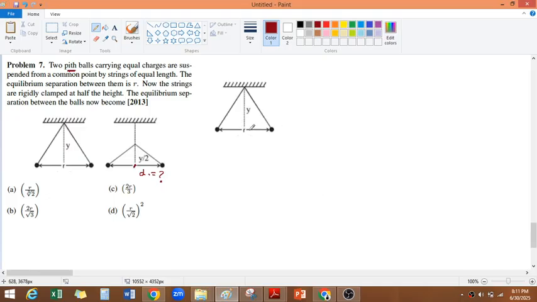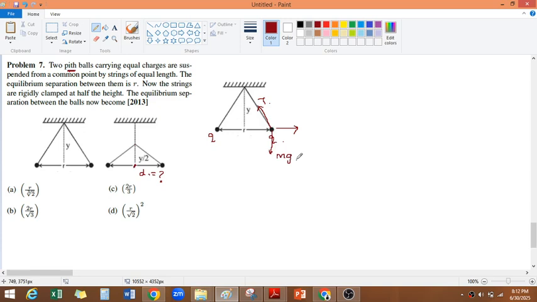So here let's take this as Q. This is F repulsion. There must be something called tension T here. There must be something called mg acting downwards.